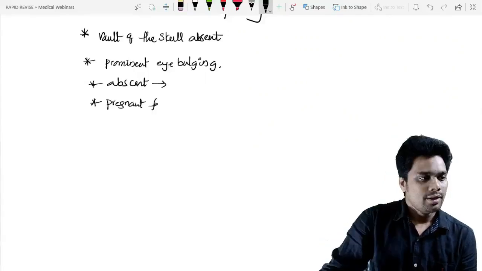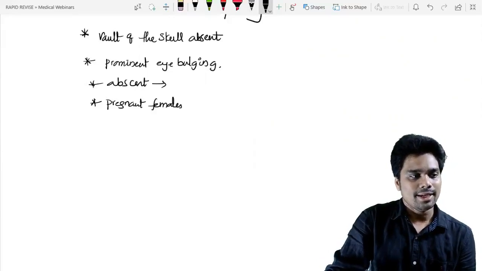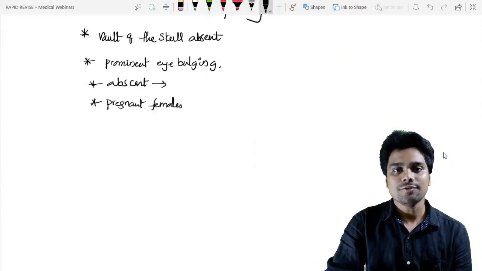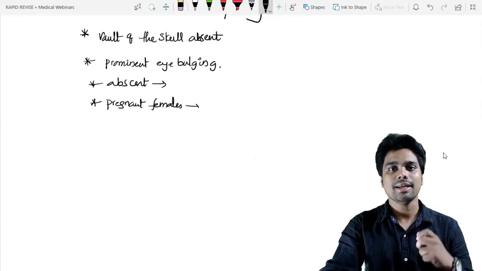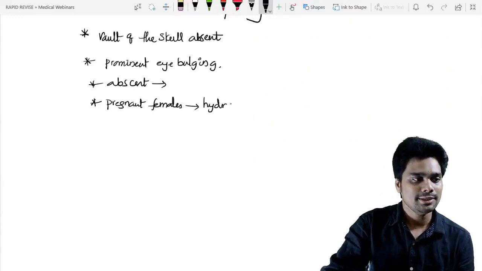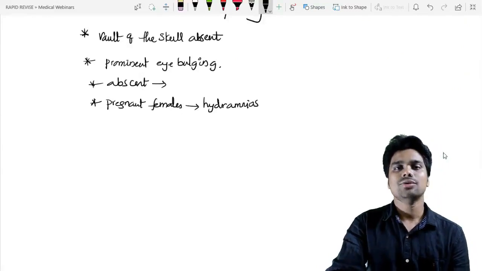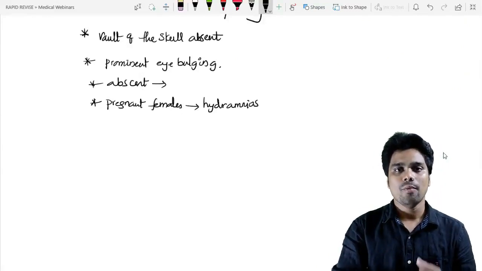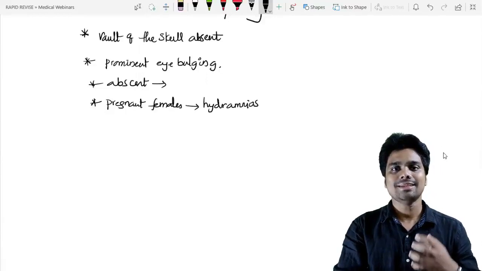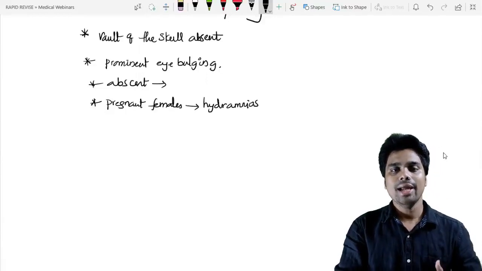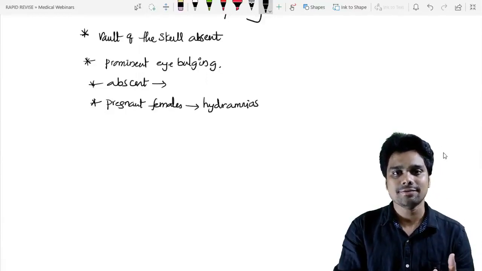And you can identify it in pregnant females. There may be a suspicion of neural tube defects if the pregnant female comes with the complaints of hydramnios, otherwise known as polyhydramnios. What happens here? There is excess of amniotic fluid. Why is hydramnios seen in anencephaly?